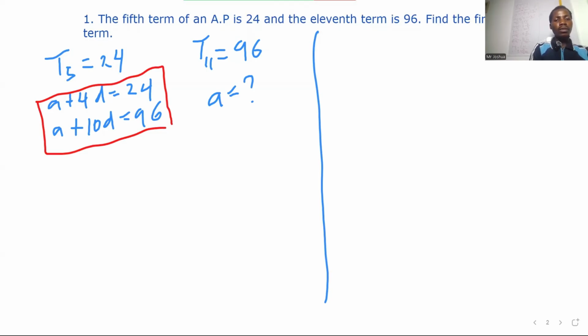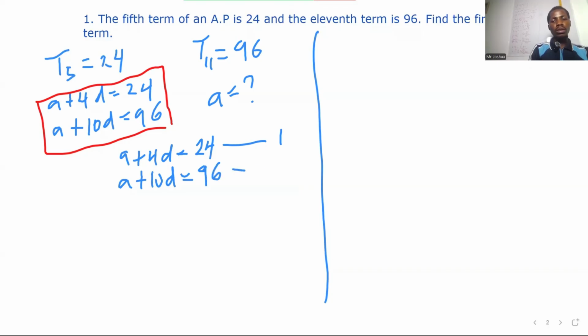That means we're going to have A plus 4D as our first equation. You call this equation 1. Then you have A plus 10D. You call this equation 2. Okay, good. So what do we do next? We're going to solve this simultaneously.